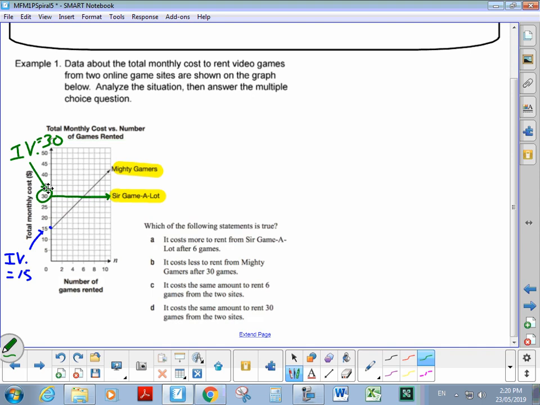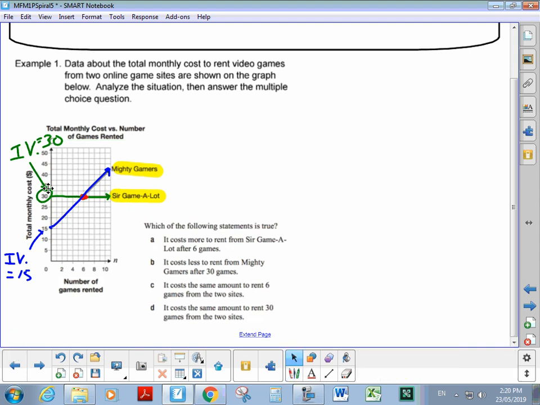Now Mighty Gamers, you're going to pay so much per game rented, but you're going to come to a point where these two lines intersect. When these two lines cross, that means you have found where they cost the same. That's what that means.